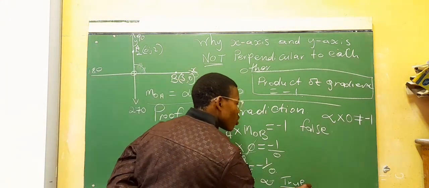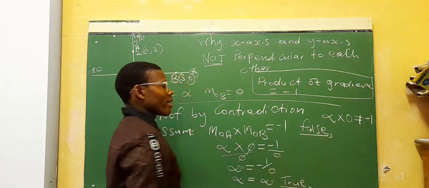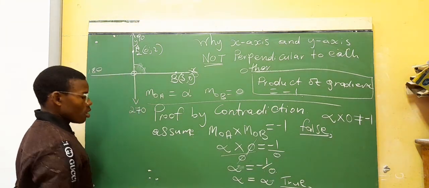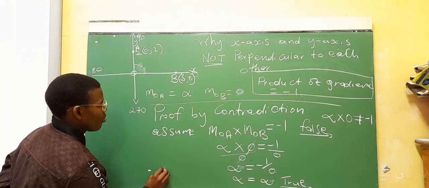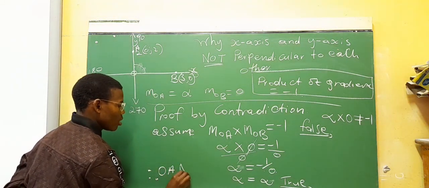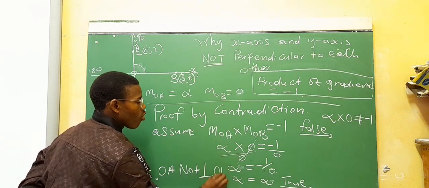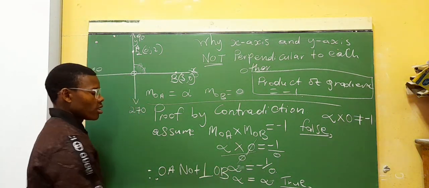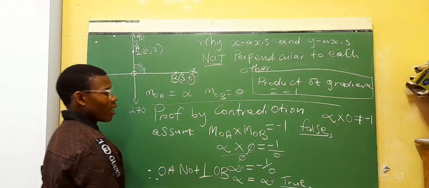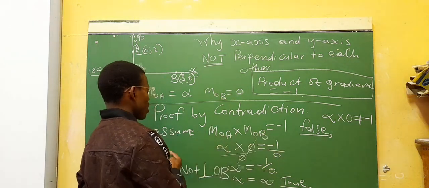Because we got this through that false assumption, this means therefore that the line OA is not perpendicular to line OB. Hence we had a false assumption.